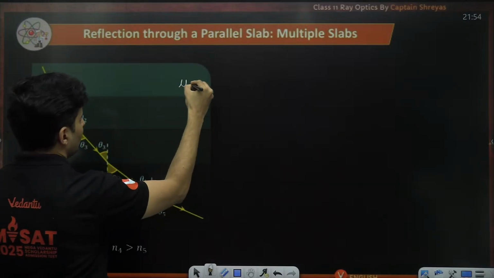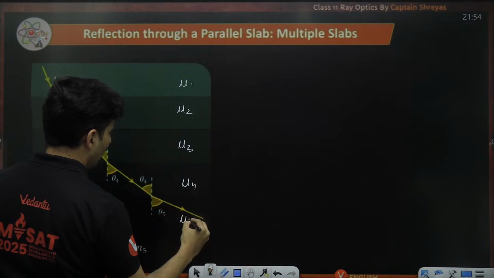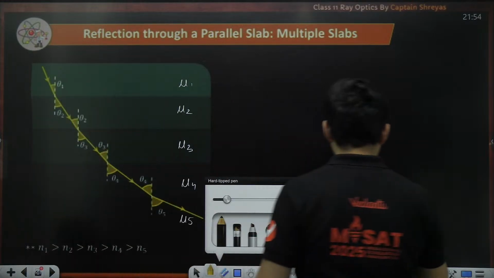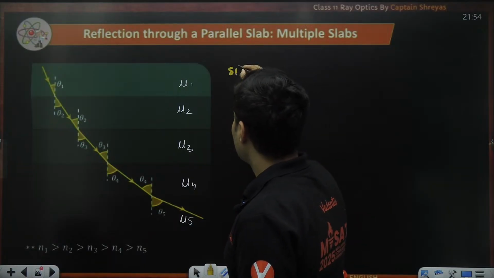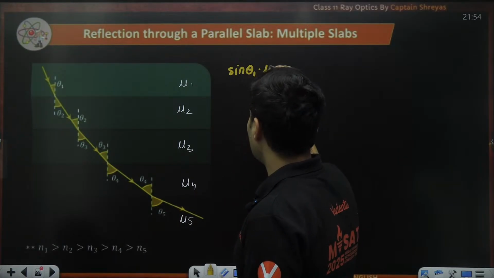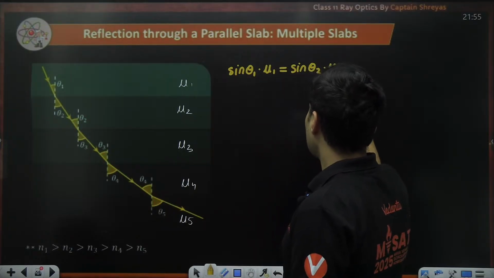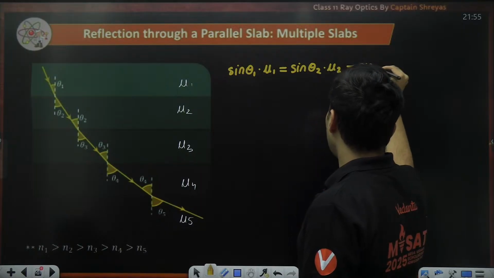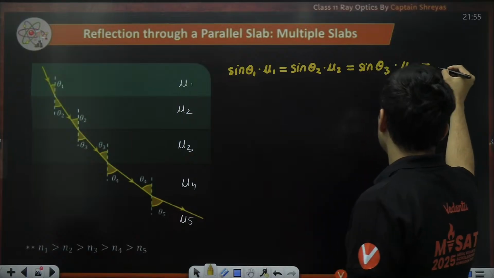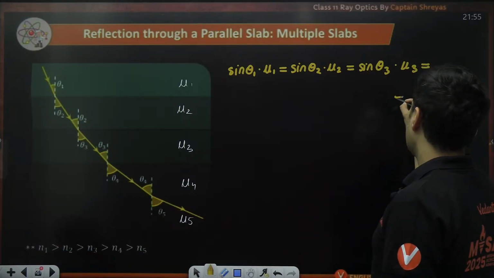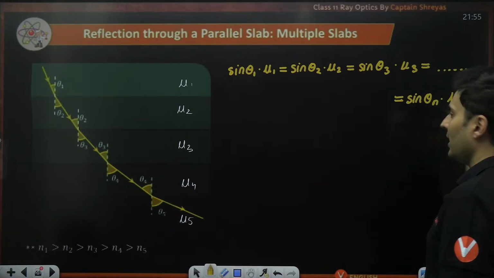Say this is mu1, this is absolute refractive indices, mu3, mu4, mu5, etc. Then if I use Snell's law for all these pair of media, I can write it as sine angle made in the first medium into refractive index of the first medium, sine angle made in the second medium into refractive index of the second medium, sine angle made in the third medium into refractive index of the third medium. Like that, however many terms are there, sine angle made in the nth medium into refractive index of the nth medium.